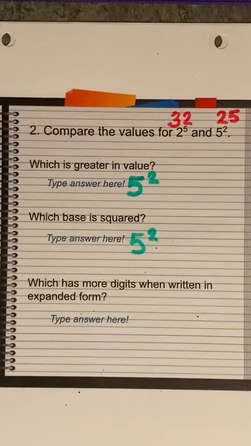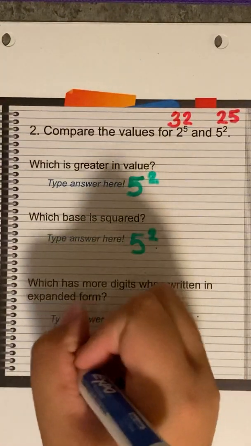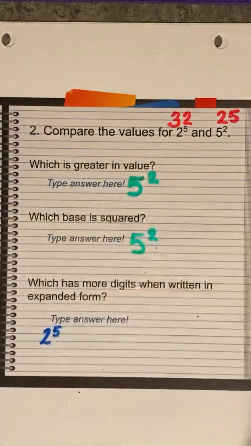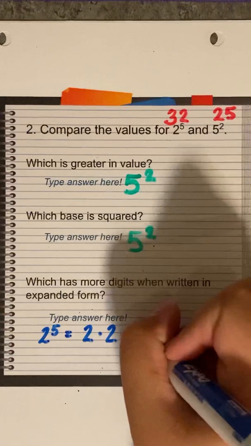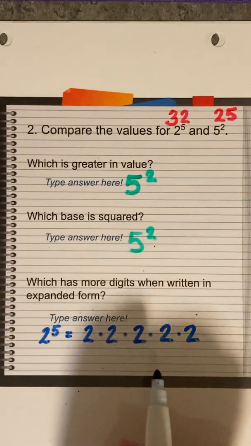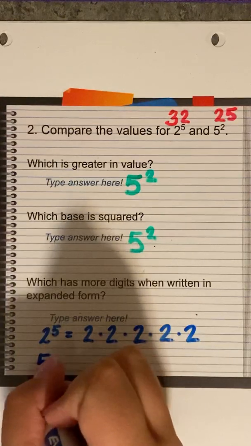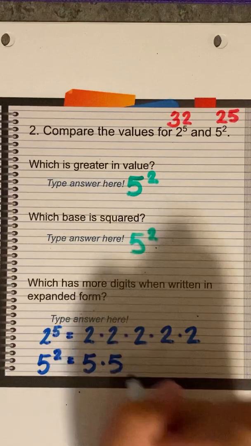Which has more digits when writing it in expanded form? Expanded form for 2 to the 5th power is 2 times 2 times 2 times 2 times 2, 1, 2, 3, 4, 5. 5 to the 2nd power, or 5 squared, is 5 times 5.